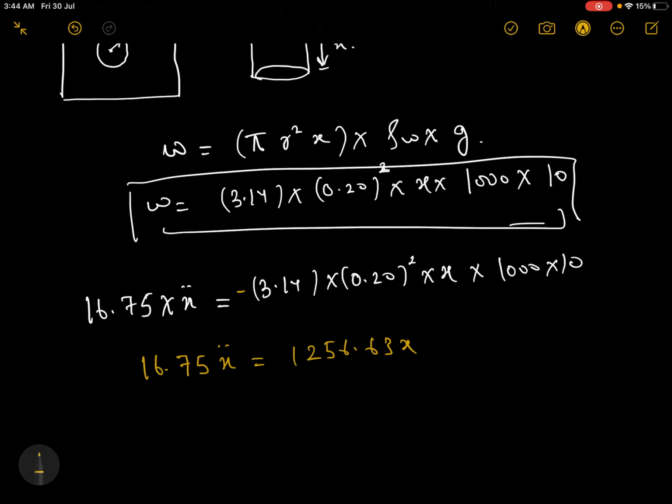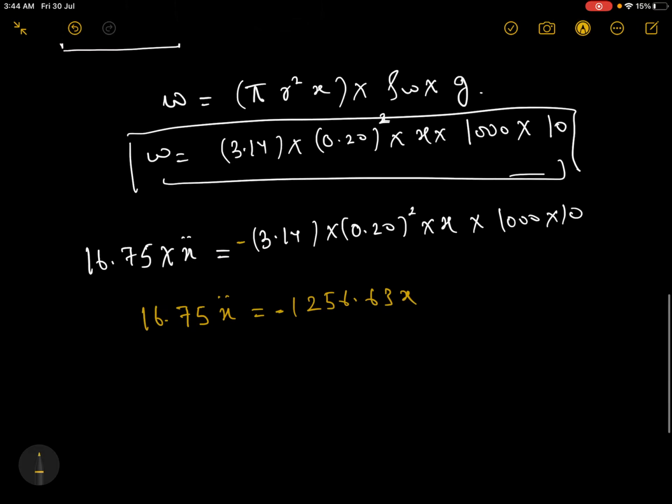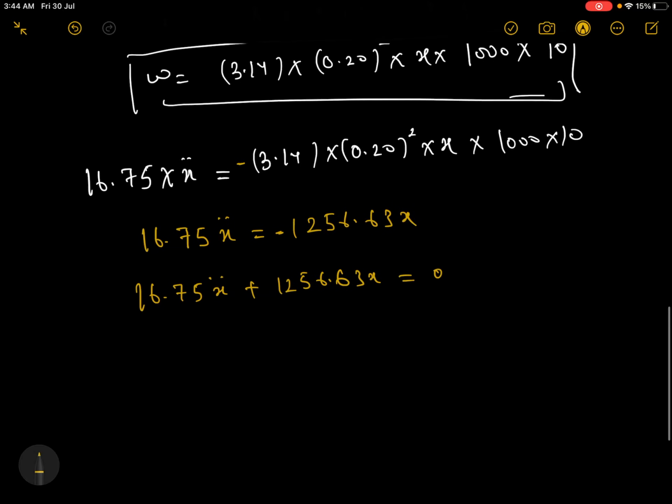So now if we write this equation again, that will be equal to 0, and we'll rearrange the terms.